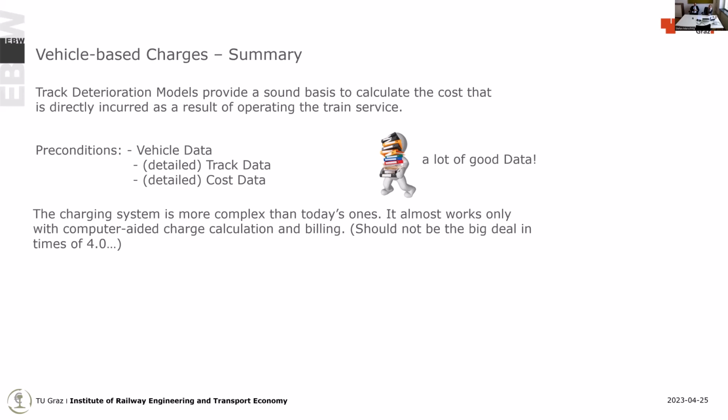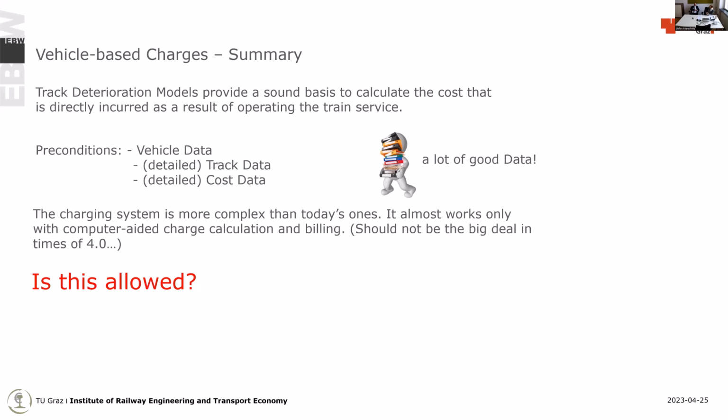And the charging system is not more complex than today's ones. It maybe seems to be that way. But we have the possibility to have the charging calculation and billing computer aided. And sorry for that, but I think that should not be a big deal in times of Industry 4.0 and what we have with big data and so on. So this is a possibility.